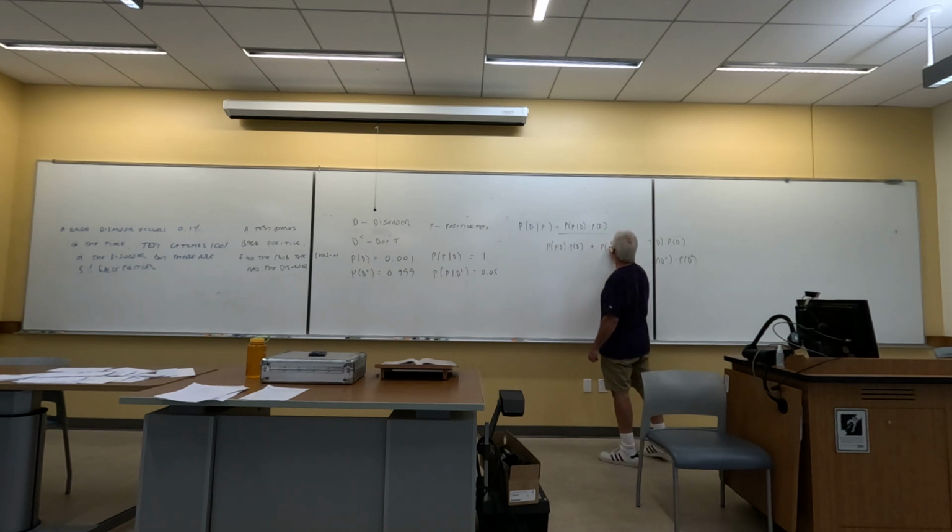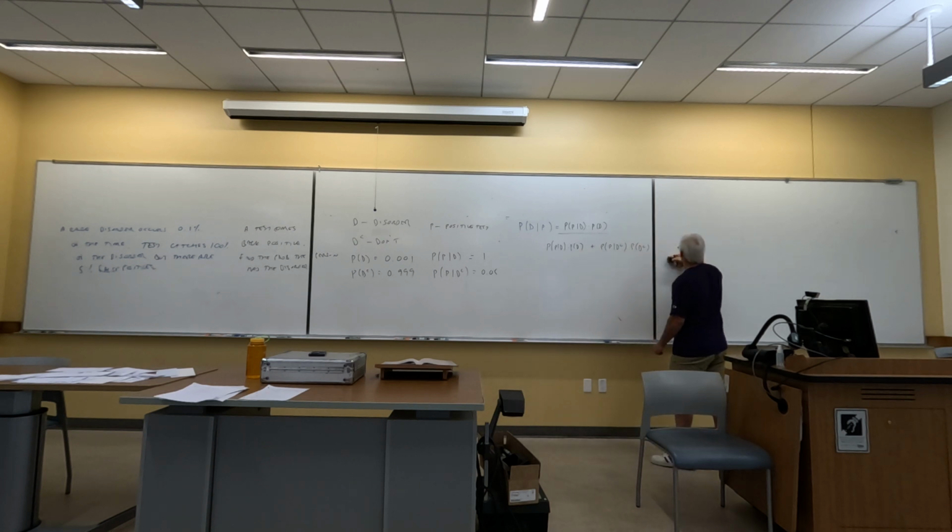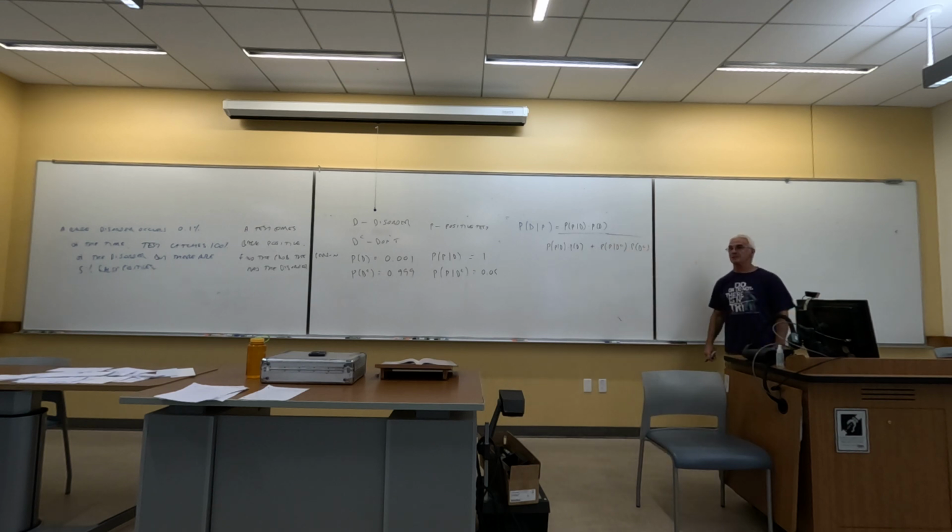Plus the probability of a positive given D complement times the probability of D complement. This was my denominator. So my numerator were the folks with the disorder, my denominator were the positive tests. Okay?